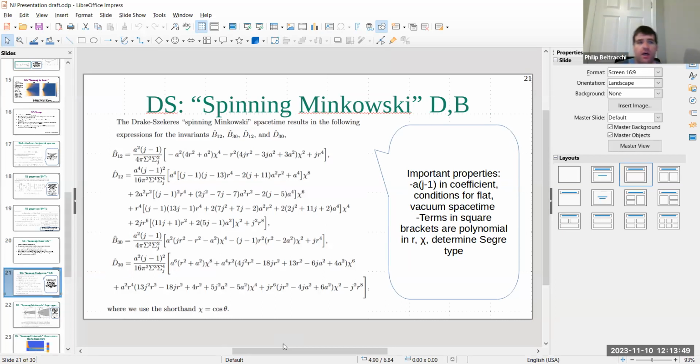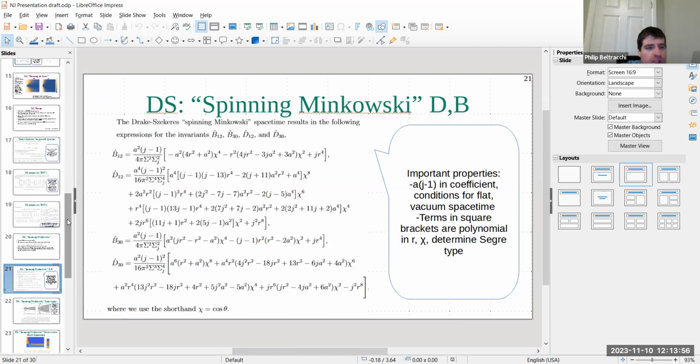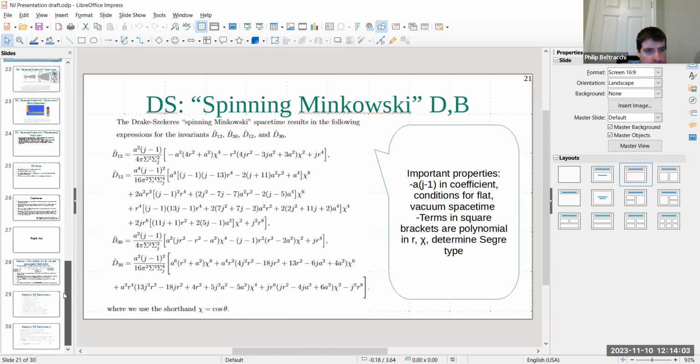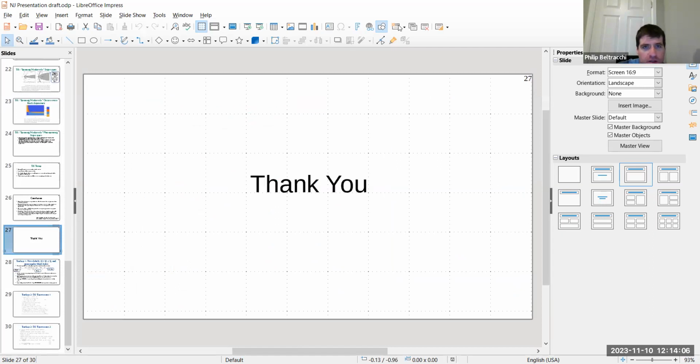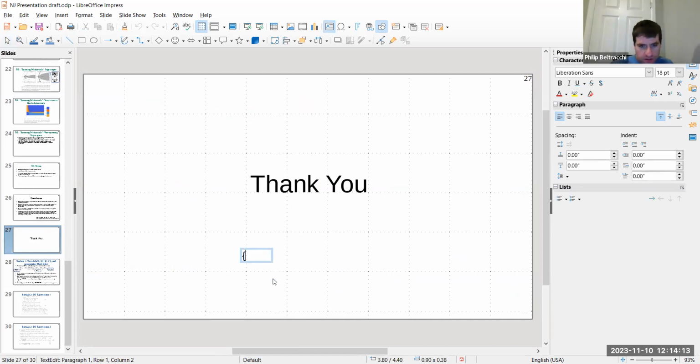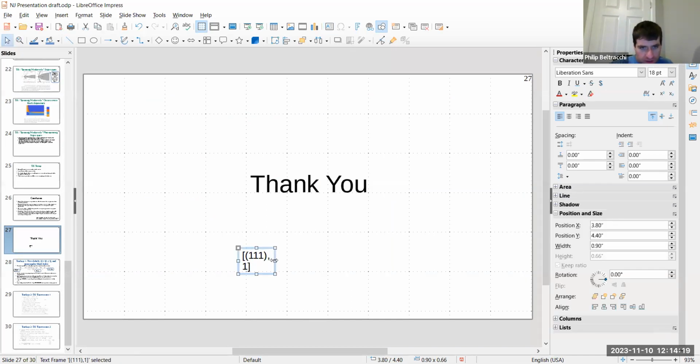So for instance, this is the Segre type which says we have 3 eigenvectors of space-like character with degenerate eigenvalues and 1 time-like eigenvector with a distinct eigenvalue.